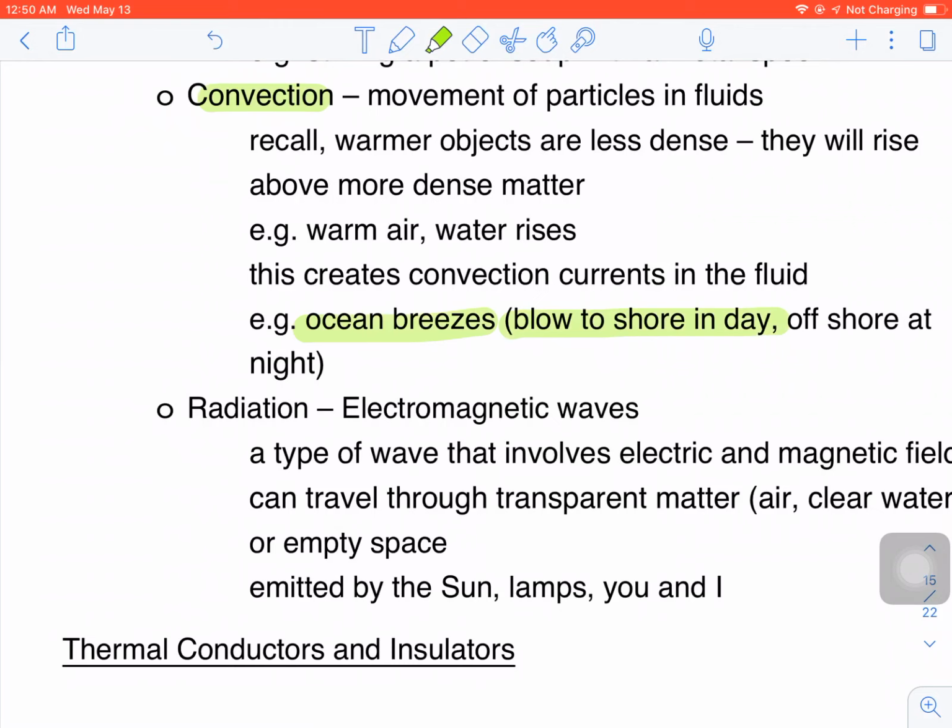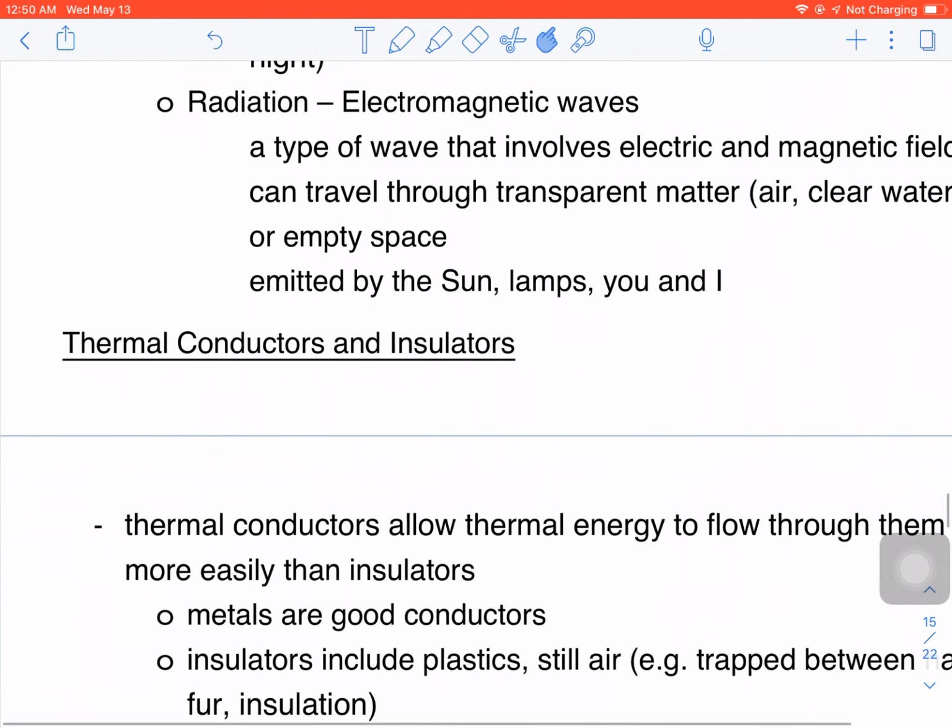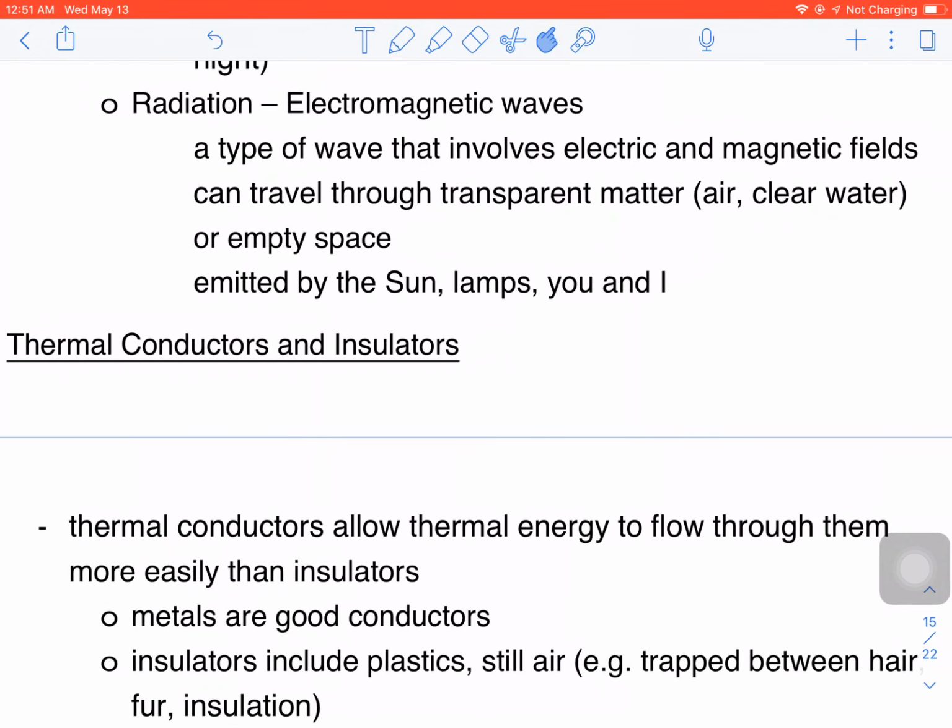The other way of thermal energy transfer is by radiation, and we know that electromagnetic waves travel and they carry radiant energy, and that radiant energy basically can be absorbed by matter, and as it is absorbed by matter, it causes the particles in the matter to move faster.